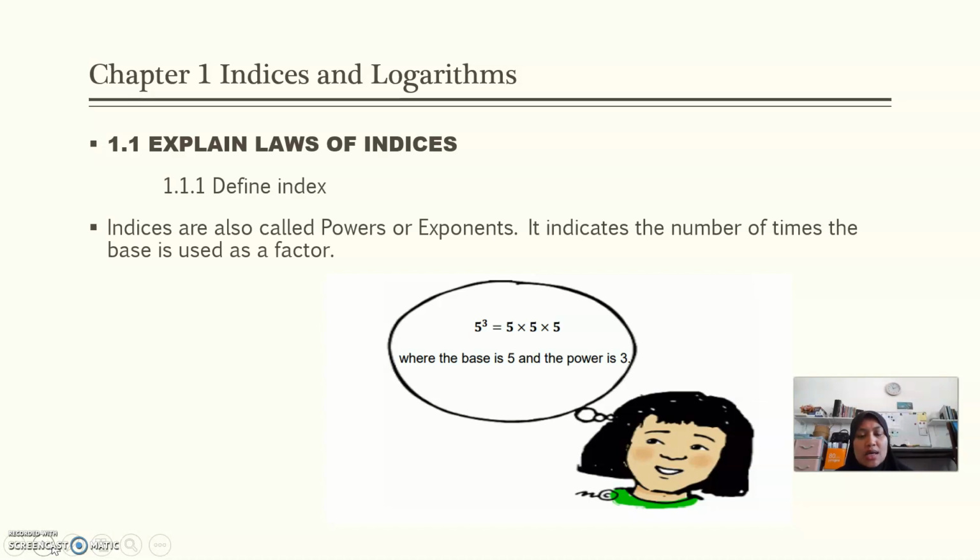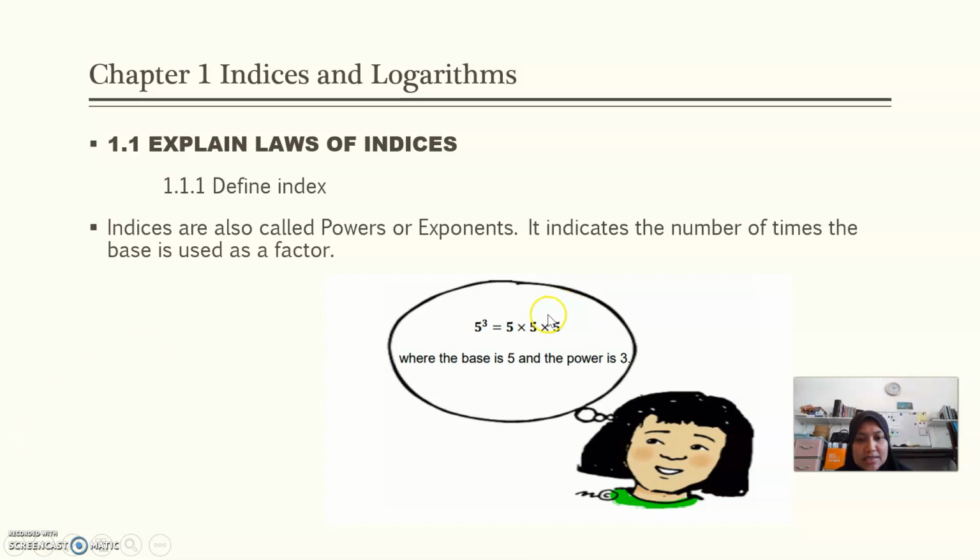I know some of you, or all of you, have learned about exponentials when you were in high school. Actually, it indicates the number of times the base is used as a factor.